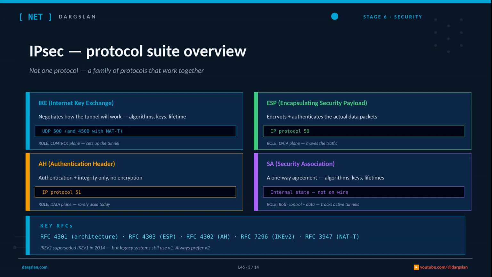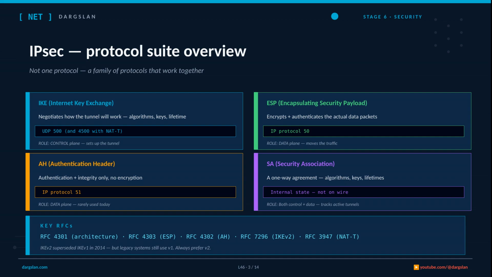ESP, which is IP Protocol 50, is the workhorse that actually encrypts and authenticates your packets. AH, Protocol 51, gives you integrity without encryption, technically still around, but rarely deployed today. And tying it all together is the SA, the Security Association, a one-way agreement that lives as internal state on each peer, tracking every active tunnel.